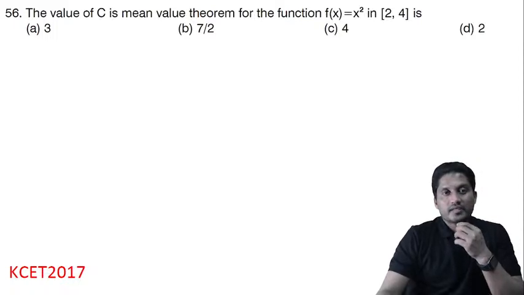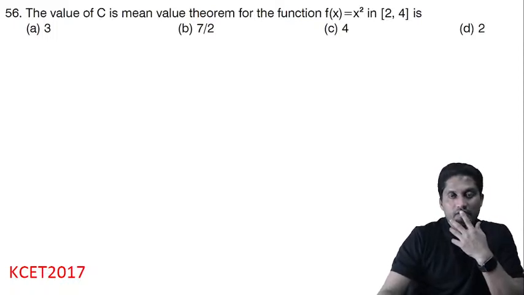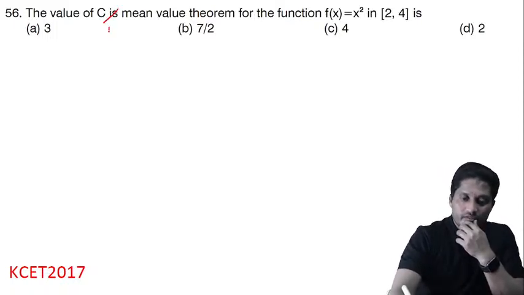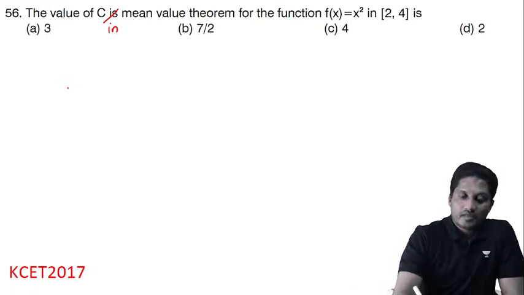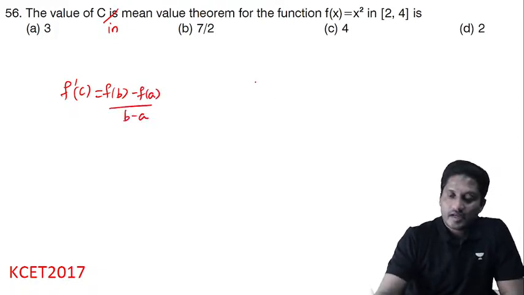The value of C in mean value theorem for the function f of x is equal to x square. MVT is what? F dash of C should be equal to what? F of B minus f of A divided by B minus A, right? F of x is equal to x square, f dash of x is equal to 2x.